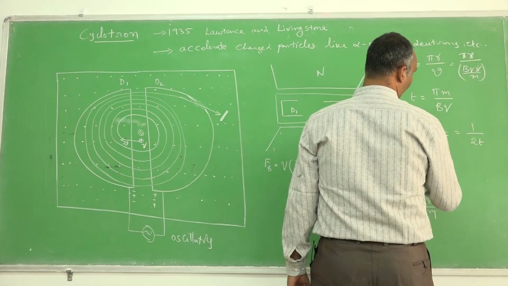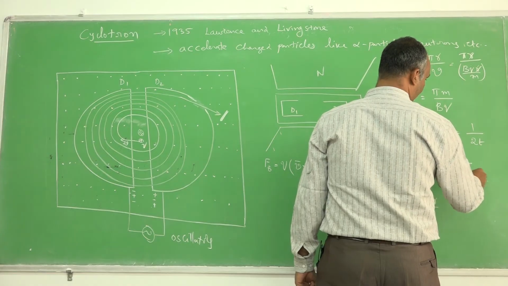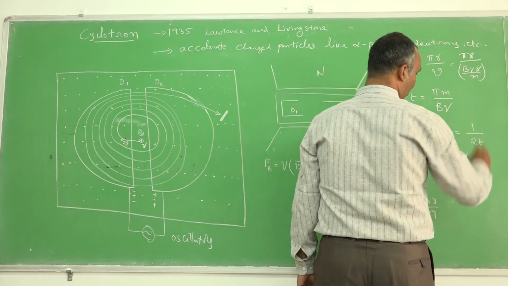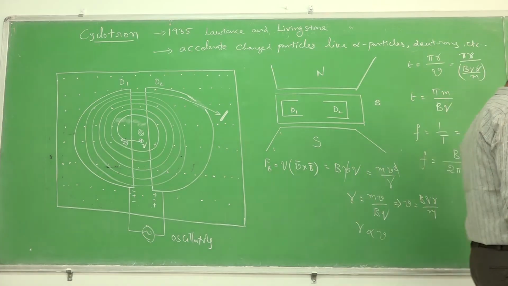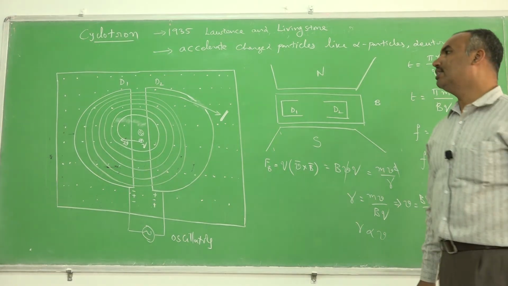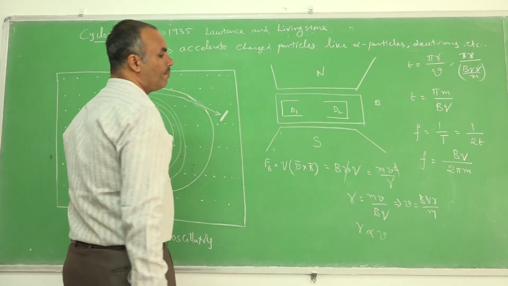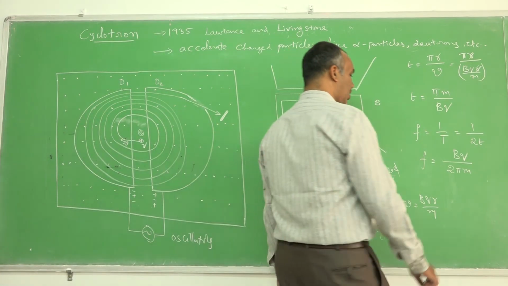So the frequency of the oscillator should be 1 by 2 pi m by bq. bq will go to the numerator. So bq by 2 pi m is the frequency of the oscillator, which is also known as cyclotron frequency.